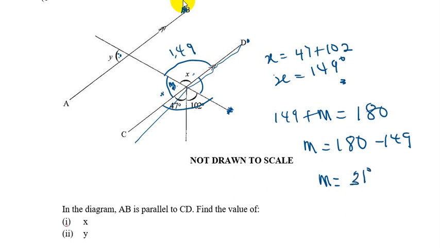So if this side is 31 degrees, then therefore y is also what? 31 degrees. Okay, y is also 31 degrees because the angle here, the angle here, and the angle here are the same. The angle here and the angle here will also be the same. Okay, that is it. It's just simple like that.